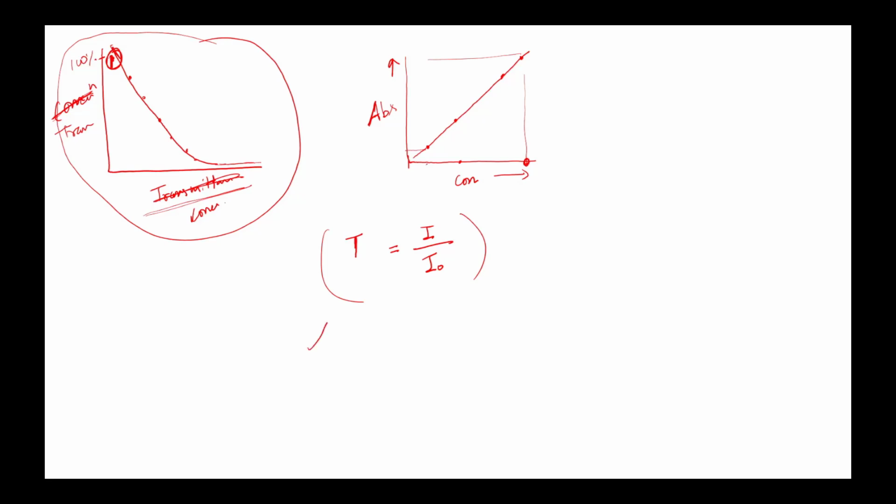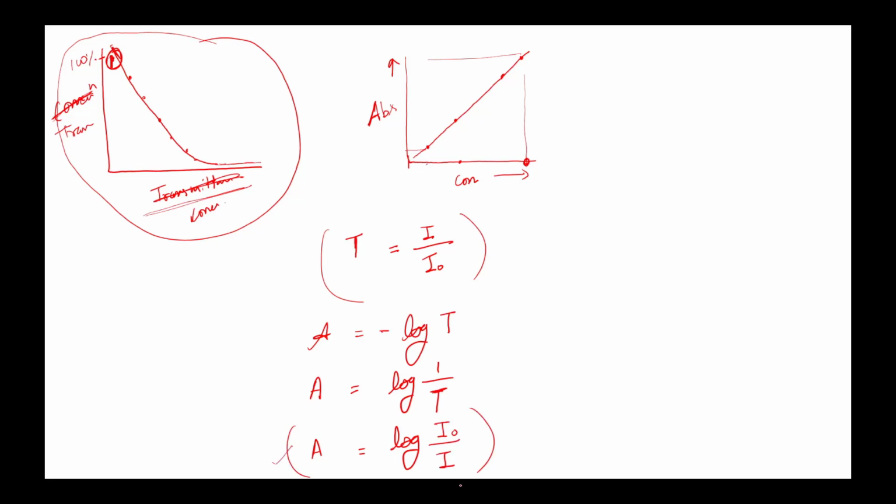If we have to calculate the absorbance, that will be minus log of T, the transmittance. Or we can also write it as log of the reciprocal of transmittance. If we put the value of T, it becomes log I naught upon I. So this is the formula to calculate the absorbance.